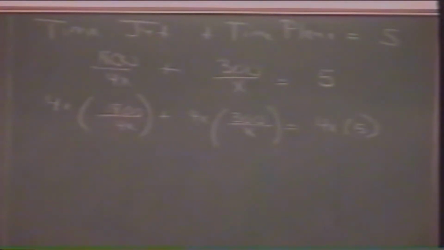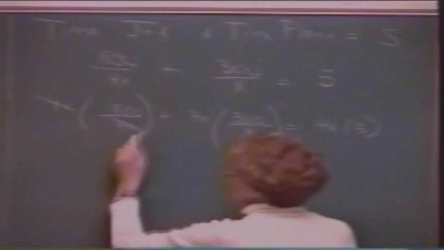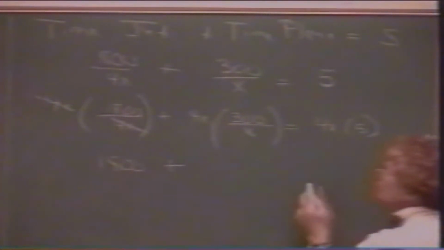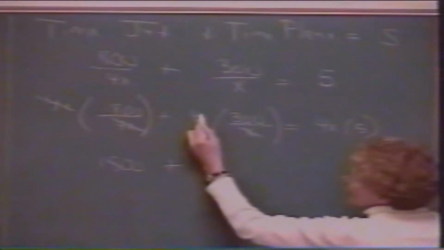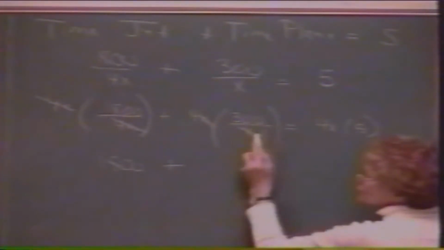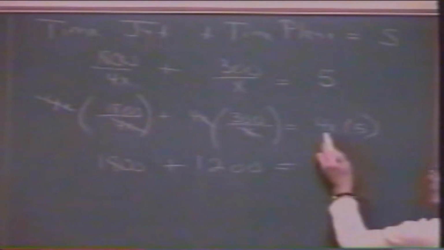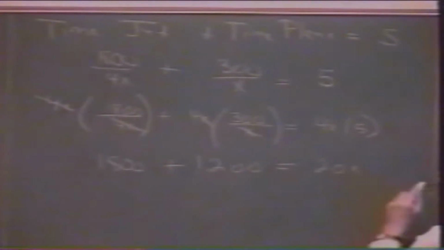When we multiply the first one by 4x, what do we have left? 1800. When we multiply the second one by 4x, to cancel our x's, 4 times 300 gives us 1200. Nothing cancels here, so we get 20x.